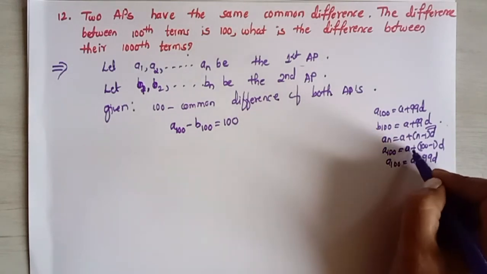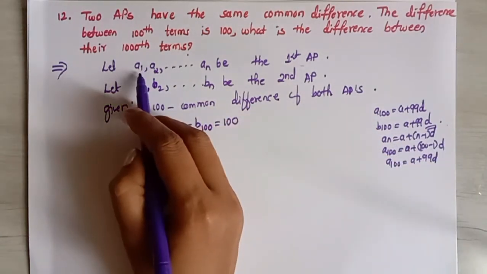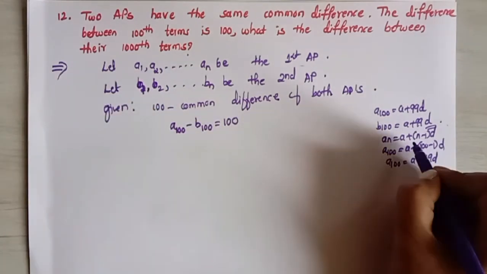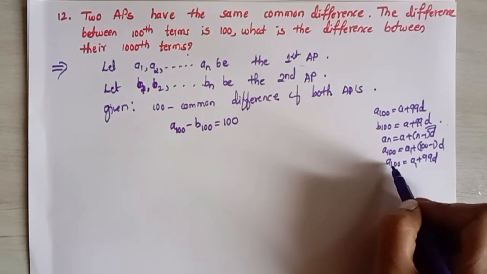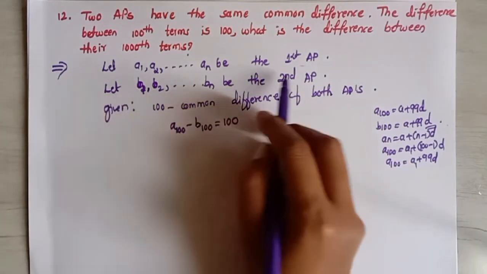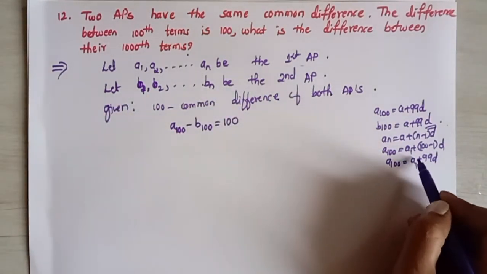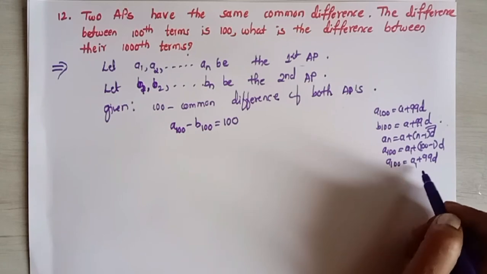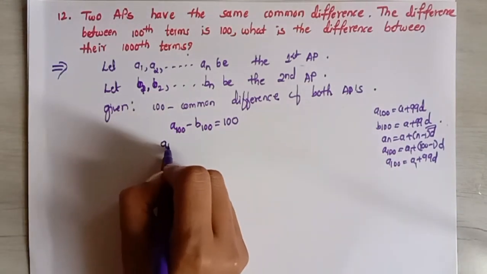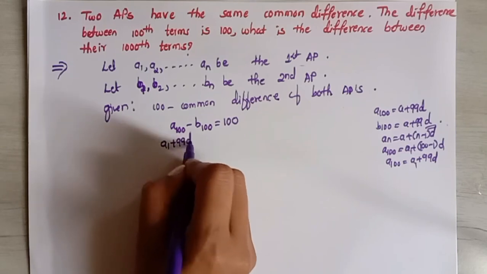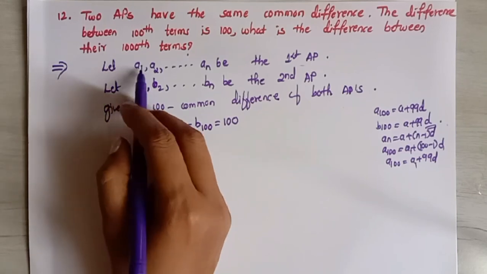So in place of a, what do we have as the first term? We have A1. Therefore, we substitute A1 here. If you take the other AP, then in place of the first term, you have to substitute B1. So this will be A1 plus 99d, because A1 we have taken as the first term here.